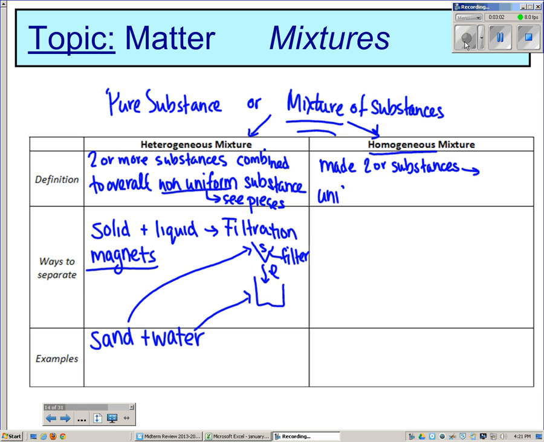Now, uniform composition means that the mixture would look or appear the same throughout, and all of the particles in that mixture are completely combined so that we can't see any of the pieces. Some examples of this would be salt water. And air is also an example because it's a mixture of several different types of molecules. We can't see those different pieces, so it would appear uniform. It means it looks the same.